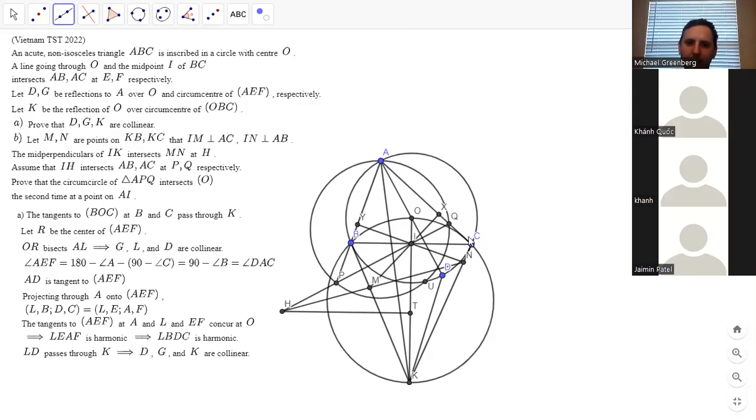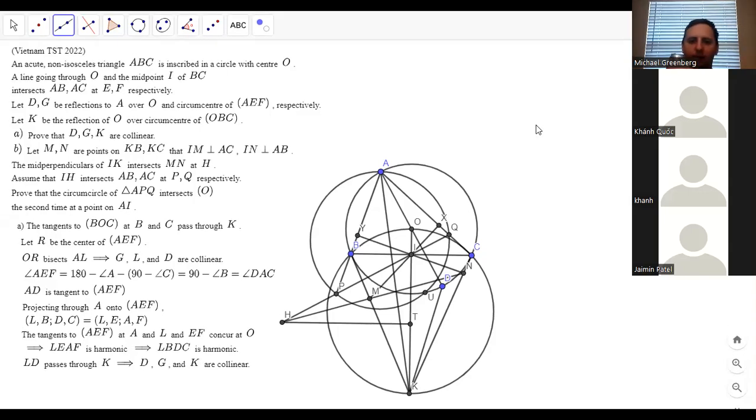Okay. So we need to prove PQ is perpendicular to AD. Ah, interesting. That's a good observation. All right, so we want to show PQ is perpendicular to AD, or IH is perpendicular to AB. That's another way to say it.